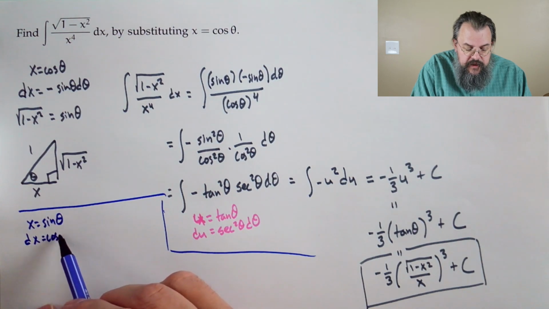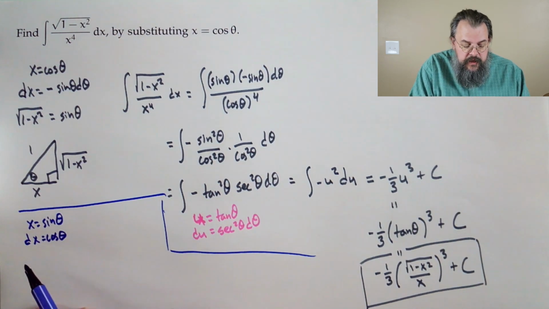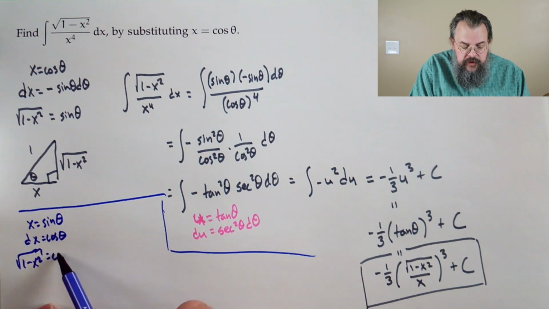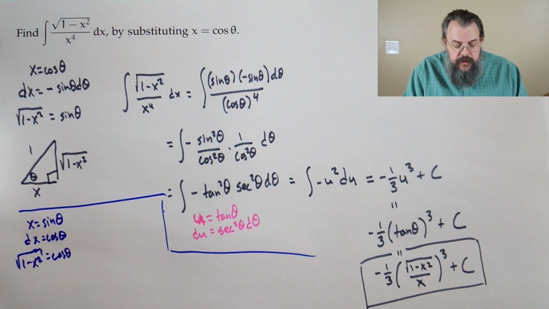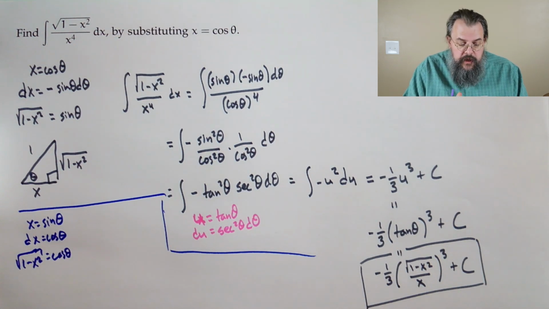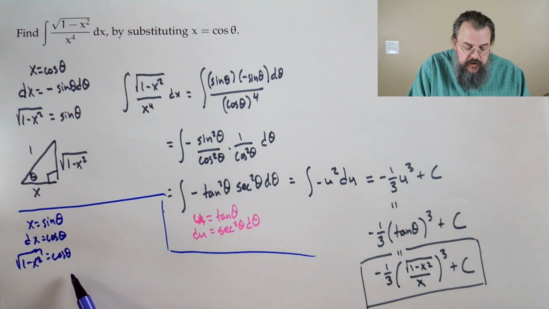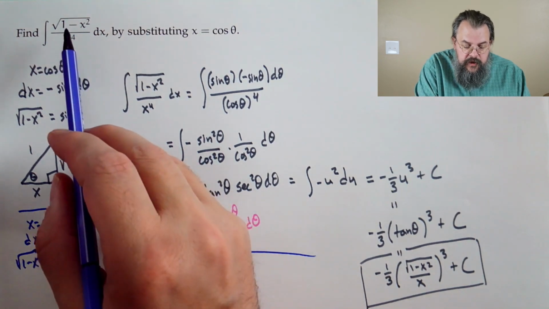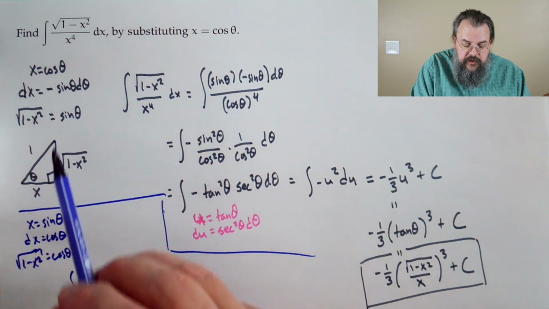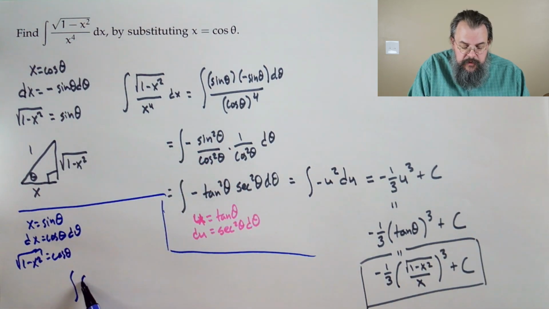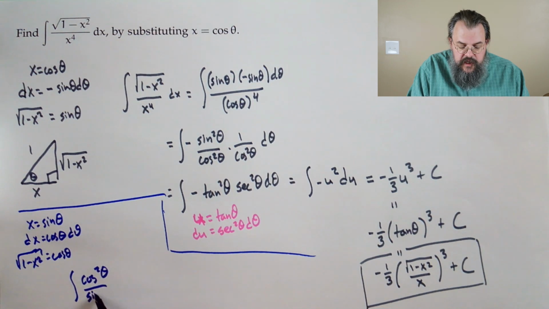You end up with dx equals cosine, and the square root of 1 minus x squared equals cosine. So the integral becomes cosine, and the square root of 1 minus x squared gives another cosine from the dx. So you end up with cosine squared over sine to the fourth.